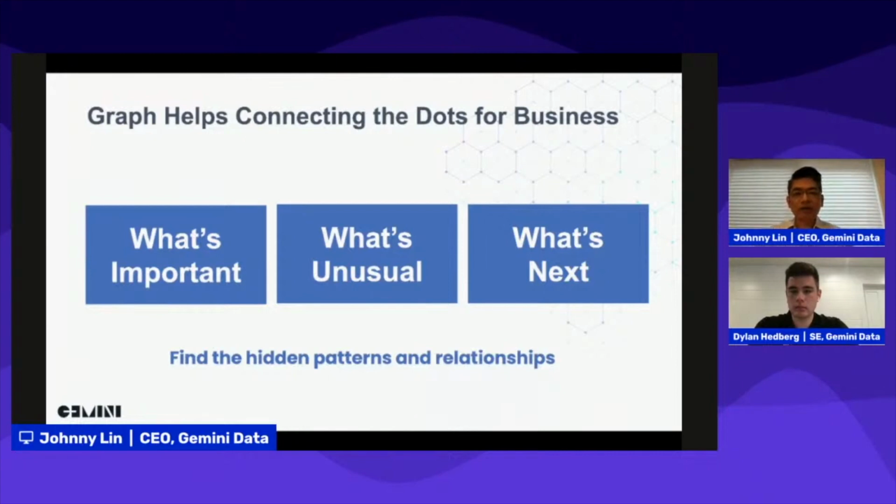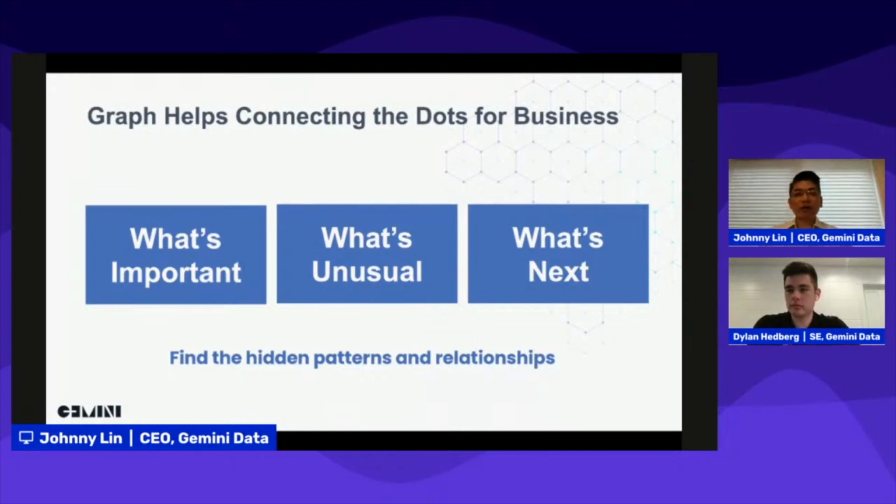Just to summarize here for a little bit, we see graph as a great solution to help connect the dots for business, because it gives you three really powerful benefits. The first thing is it's able to tell you what's important within your data, and it can do that very quickly. It's also very good at telling you what's unusual, right?